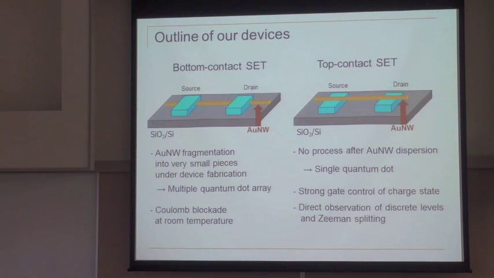Details will be talked about later, but briefly, for the bottom contact SET, the nanowire was fragmented into very small pieces, and this device acts as a multiple quantum dot array, and the Coulomb blockade could be observed at room temperature. For the top contact SET, this device acts as a single quantum dot, strong gate control was realized, and the discrete level and Zeeman splitting could be observed from this device.